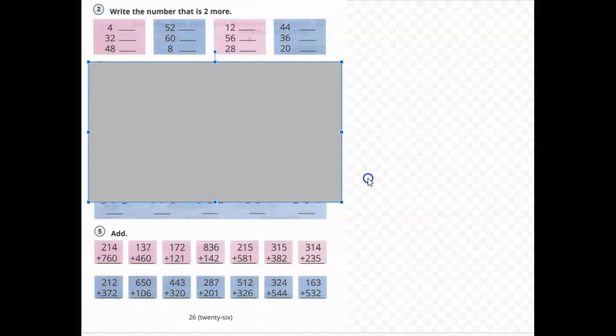Now this time we're counting by twos. Okay, it says write the number that is 2 more. So one option would just be to take the number and add 2. So 4, 5, 6, right? And I could just write the number 6. I could use my hundreds chart.